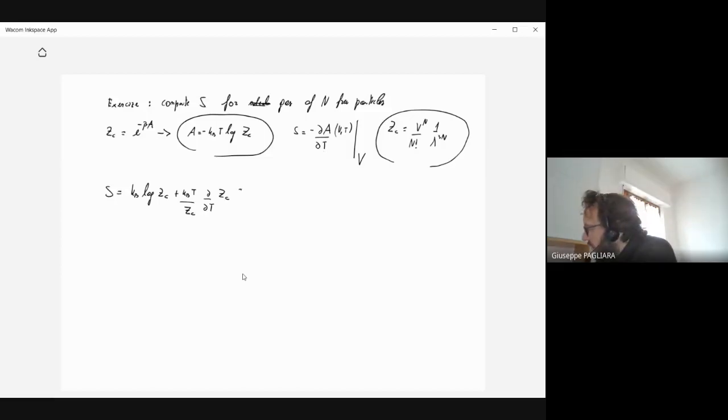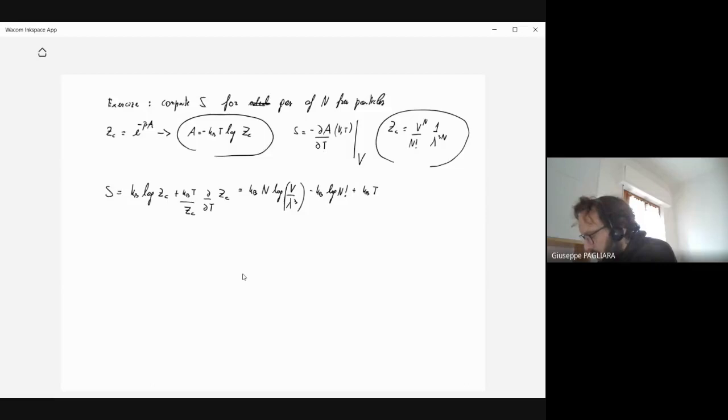Okay, so now this is equal to kB. When doing the logarithm of this quantity, I have N log of V divided by lambda cubed, minus kB logarithm of N factorial. Then I have a plus kBT.